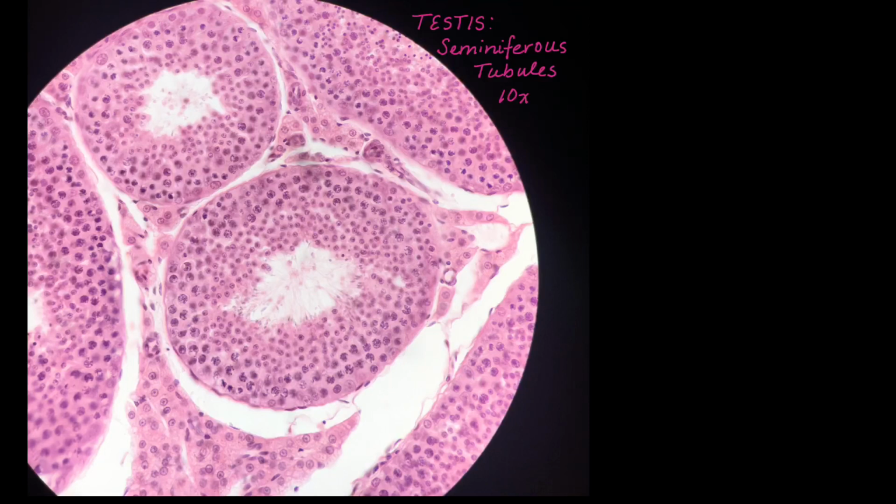Here I'm zooming in to just a few seminiferous tubules. So we're still looking at a cross section, but I've increased the power so that we're going to be able to look at the different cell types that are located within the testes. And you can see how spermatogenesis takes place and the different roles that these different cell types play.